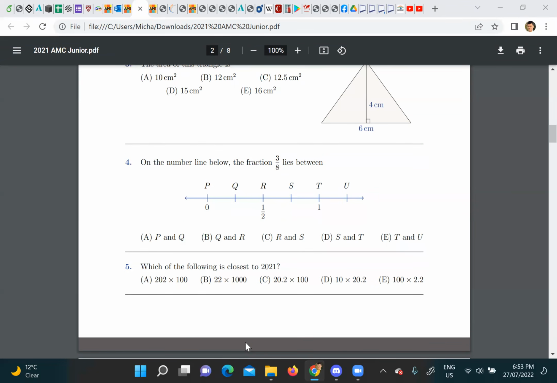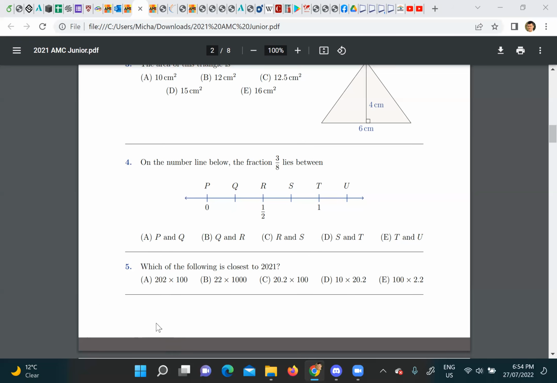Okay, what about question 5? I think it's C. You think it's C?